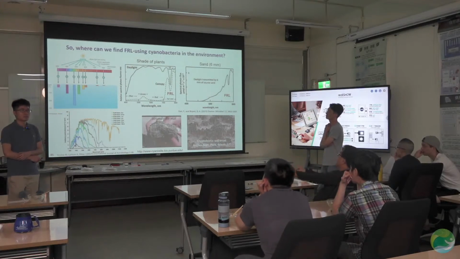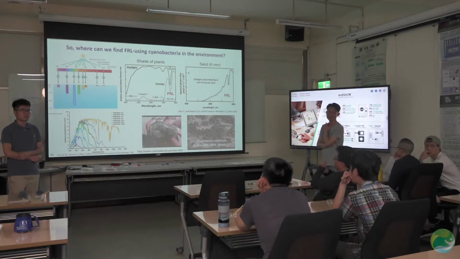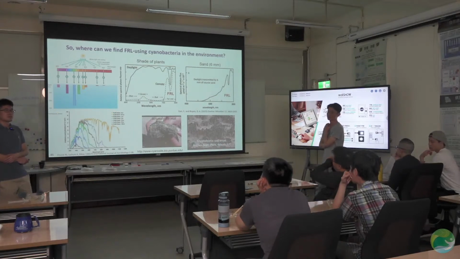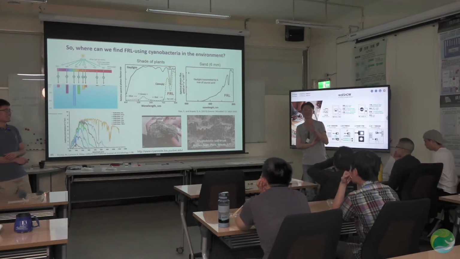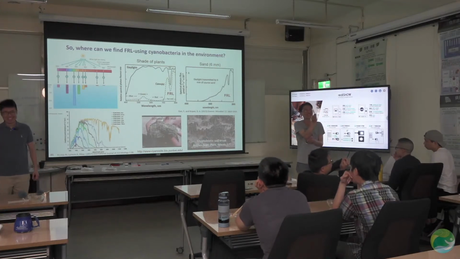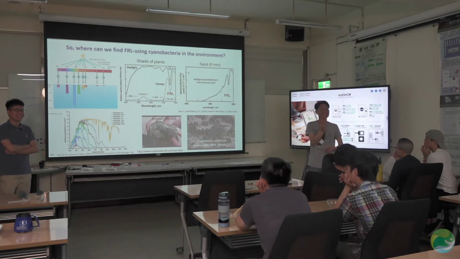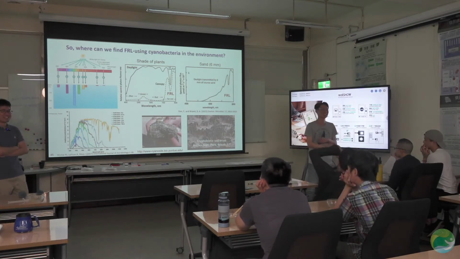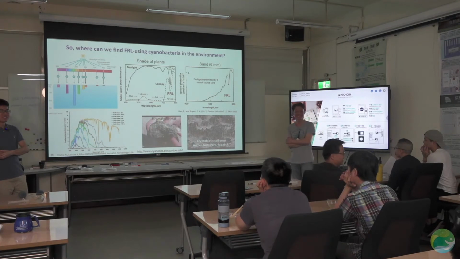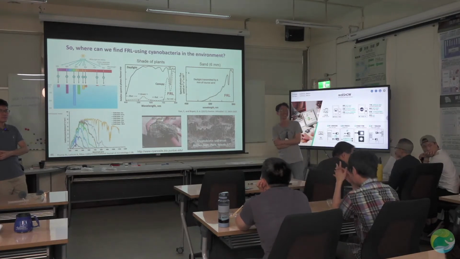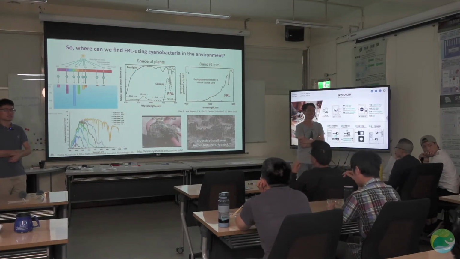So will they release water as well? Do they open their stomata, or do they not have this kind of structure? They don't have stomata. They release oxygen. Yeah, they take carbon dioxide, right.